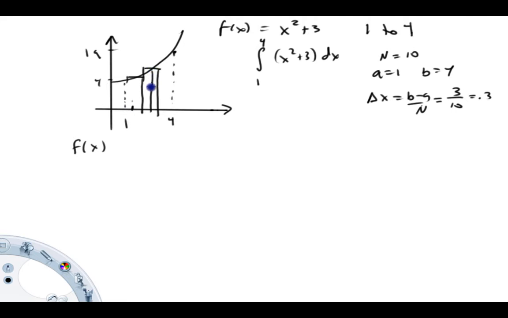The second rectangle, the area is going to be length times width. The width is the delta x. The length is the function value, but it's very important to recognize where. I'm going to put red dashes here. So here's our first one. Here's our second one.